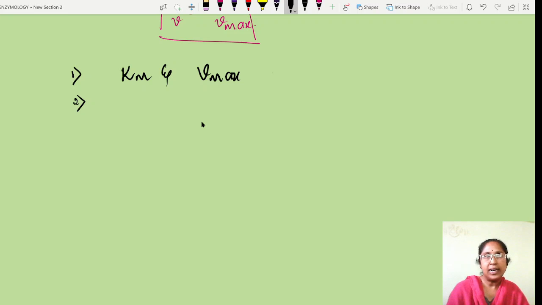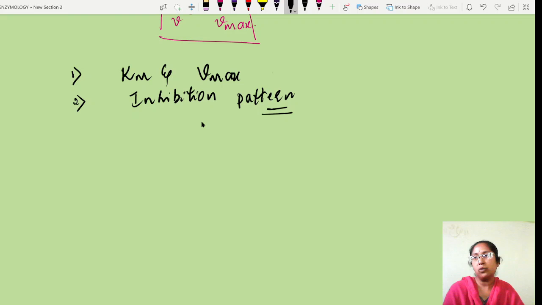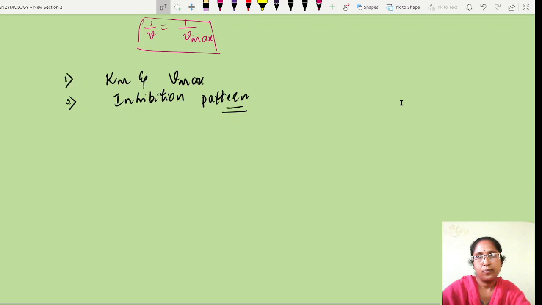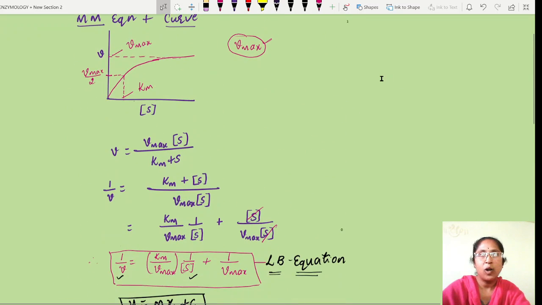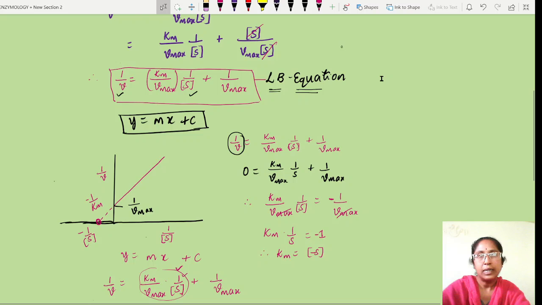That we will study later. Here we can identify the inhibition pattern. The enzyme activity is inhibited, and that is identified by using these LB equations and LB plot. So that's all about the Lineweaver-Burk plot and Lineweaver-Burk equation.